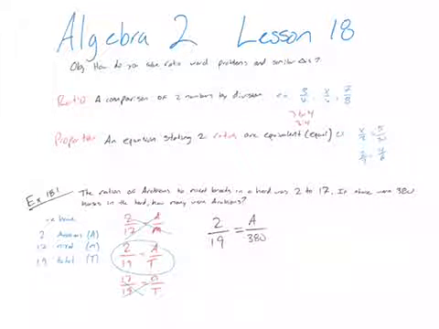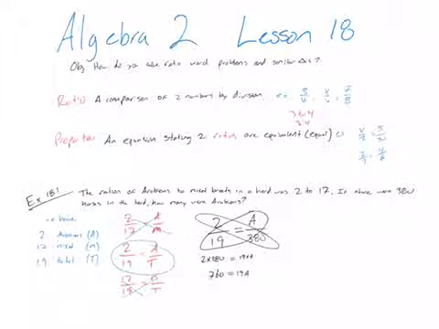To solve this, we will cross multiply and then divide. So 2 times 380 is equal to 19 times A. That means 760 is equal to 19A.